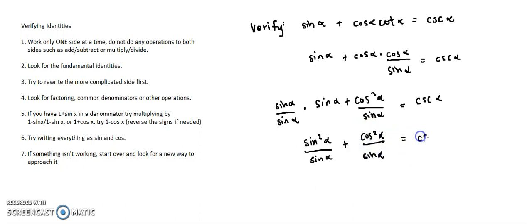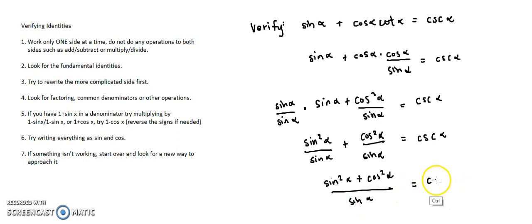And you should maybe start seeing where this is going now. We've got a common denominator. We put these together: sine squared alpha plus cosine squared alpha over sine alpha, and cosecant alpha on the right. And remember, sine squared plus cosine squared, this whole thing is equal to 1.